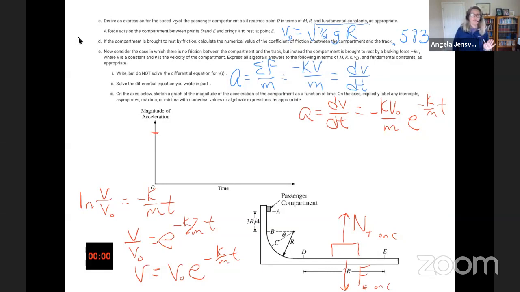We ignore the negative. Don't worry about it. K v naught over m, and then it exponentially decays. Uh-oh, I'm going to have to redo it because it touched the axis. I've got to be a little more careful. It never actually reaches 0, right? It approaches 0. I was rushing. Not bad, not bad.